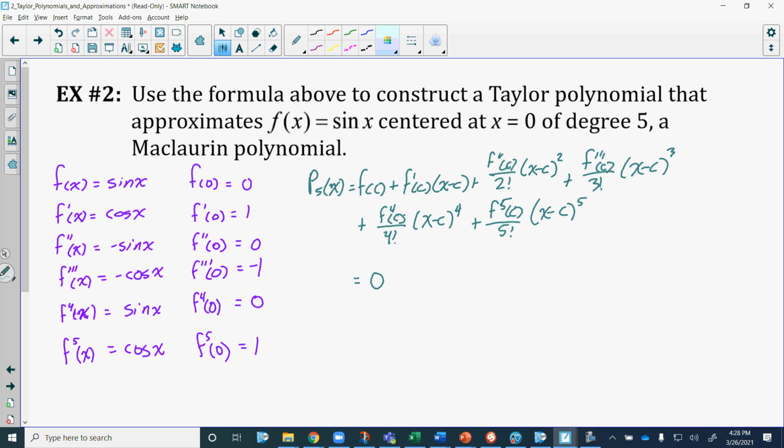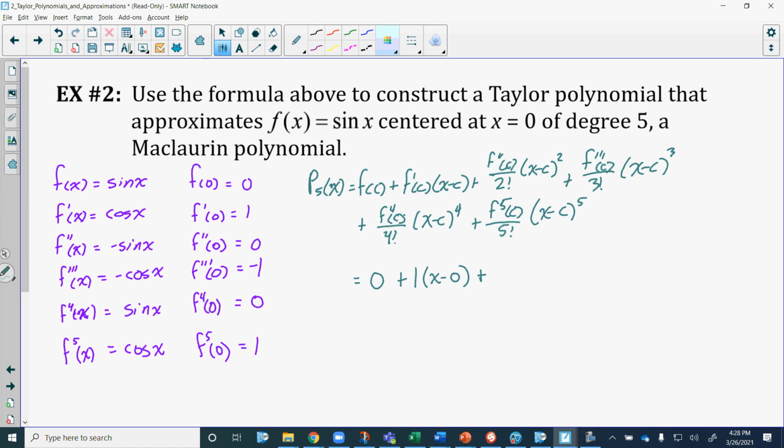And at the first derivative, we got a 1, so I'm going to wind up with plus 1 times x minus 0. Of course, you don't need to write the 0, but again, I'm not trying to rush through it.